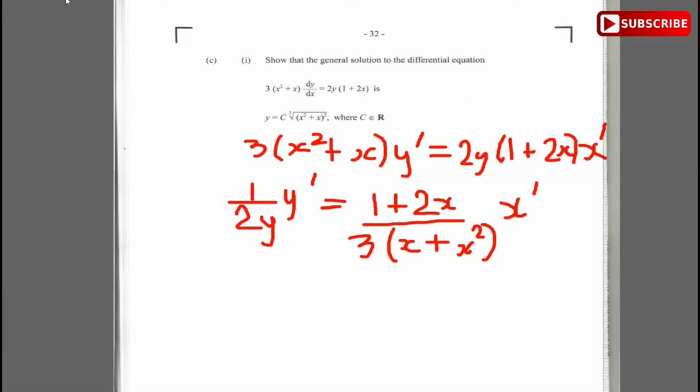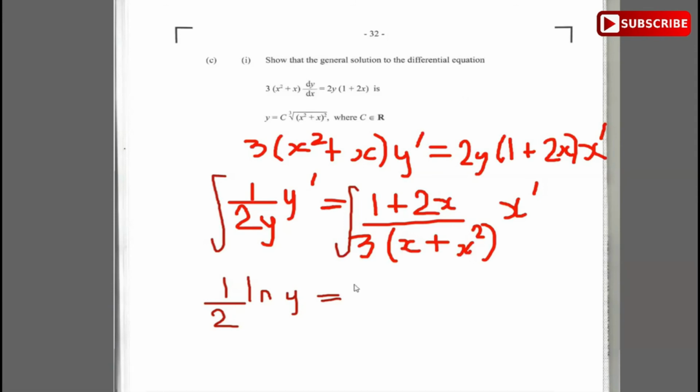So what does that mean? That means I can then go ahead and integrate both sides with respect to each variable. We can factor out this half, and so the integral of 1 over y dy is ln y. So this is ln y, and remember I factored out the half, so it's really a half ln y, is equal to, now I can factor out 1 over 3, and the differential of the denominator is in the numerator.